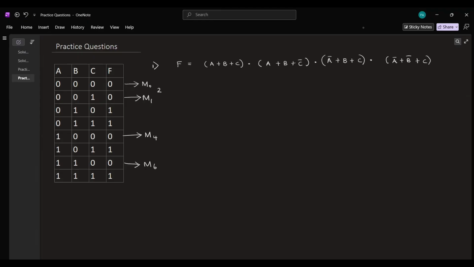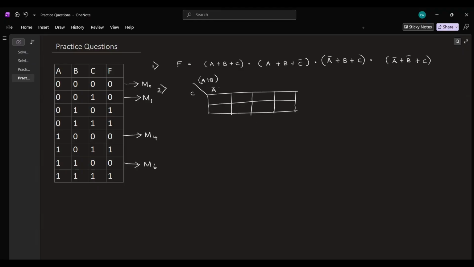Now we go to the second step. This is where we are going to plot the K-map. Since this is a 3 input system, we are going to use a 4:2 map. Now let's write down the directions. We have a plus b and then we have c. And here also we are going to mark down which combinations represent which cells.